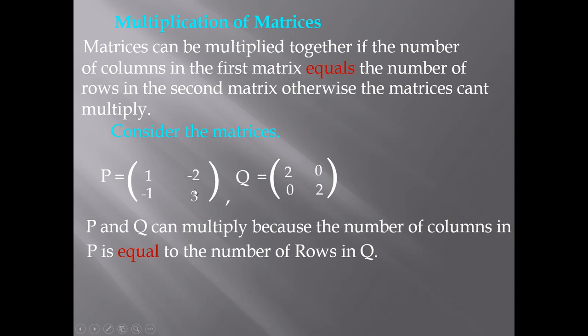So this is a 2 by 2 matrix and this one is also a 2 by 2 matrix. So these 2 matrices can multiply. Why? The number of columns here is equal to the number of rows in the second matrix. P times Q is possible because the columns in P are equal to the rows in Q.